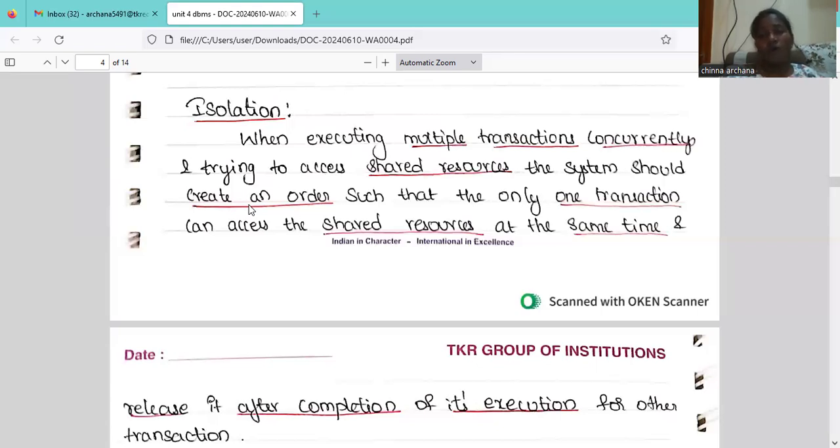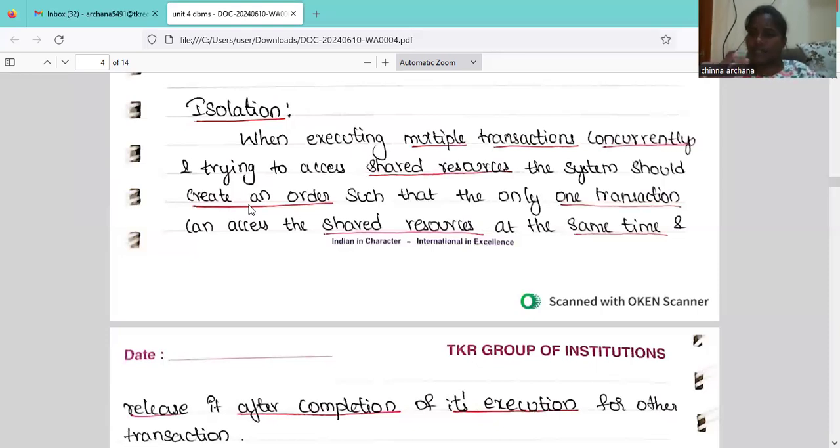Those all things are taken care of by the DBMS. And one more thing is that only one transaction can access a shared resource at the same time. That means the same resource cannot be accessed by multiple transactions at the same time. Why we should not access at the same time, see here, I'm telling one example orally.